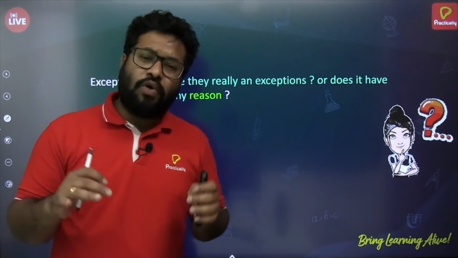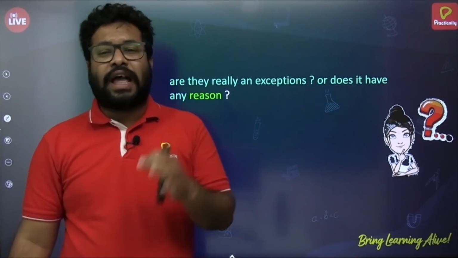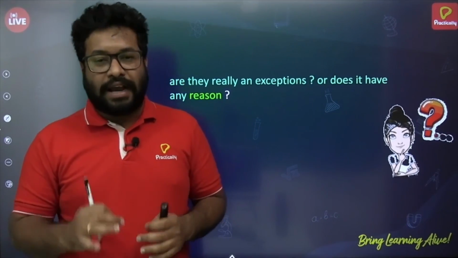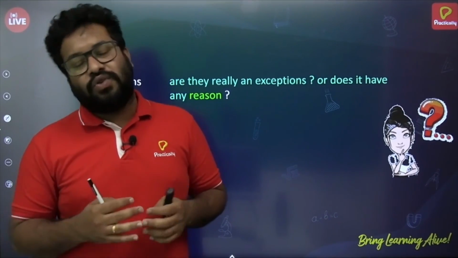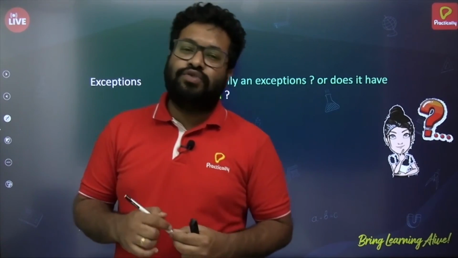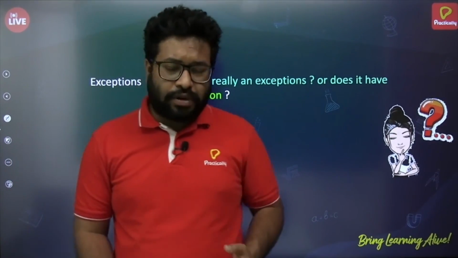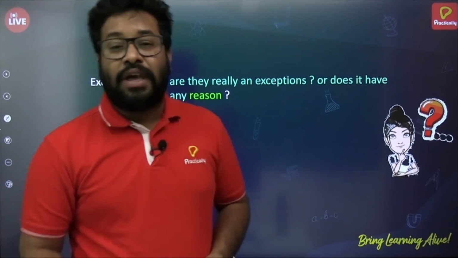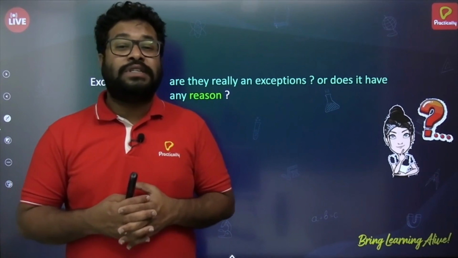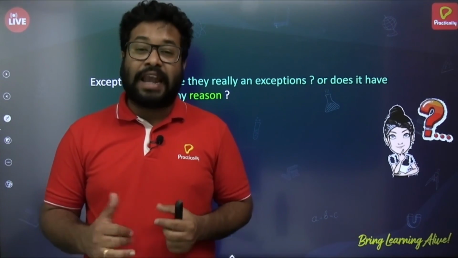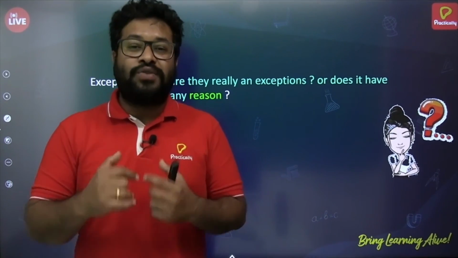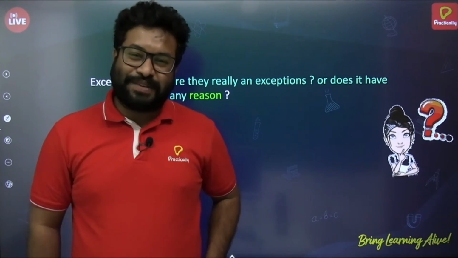Almost every exception has some reason behind it. There might be one or two exceptions here and there which do not have any reason at all, that you need to remember, but most of the time the exception would have some reason, and I am here to demystify those exceptions.